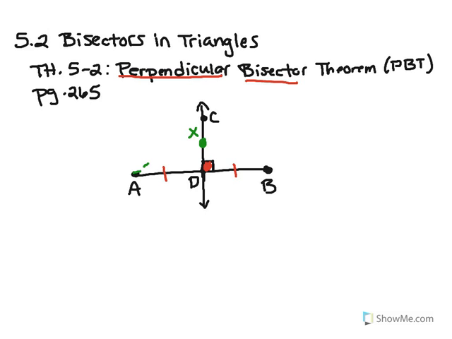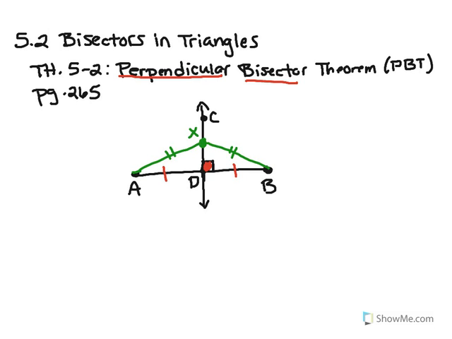So in other words, this segment here, oh, that is a bad segment. Let's just do a line. We'll say that this piece is congruent to this piece. And that is true for any point that you pick on that bisector.